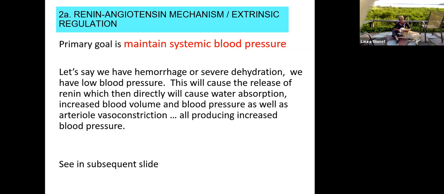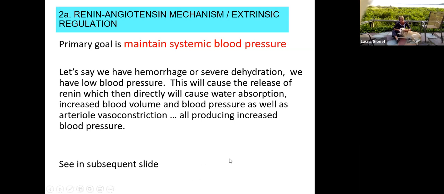That now takes precedence over maintaining a nice homeostatic, steady glomerular filtration rate. It's very nice to maintain GFR in that normal range, but when systemic blood pressure is at risk, that takes priority. That needs to be managed first.